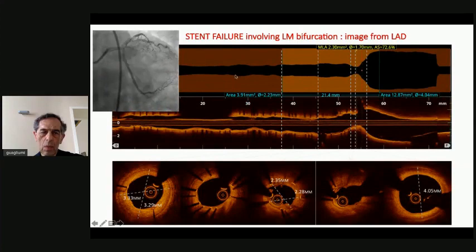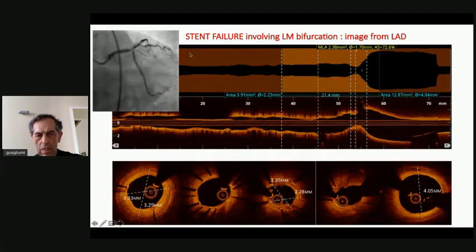Finally, I wanted to address this possibility. It's not only at the time of implant, it's also at the time of a failure that you can dramatically benefit from this imaging. This is a case with 2 stents implanted in the LAD and the circ, coming back with a severe restenosis involving the left main.